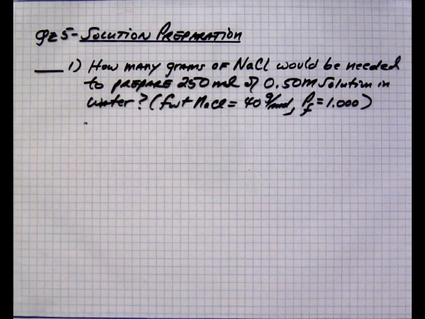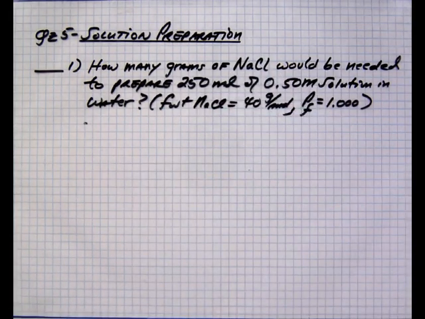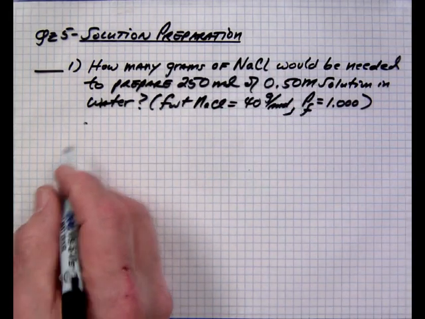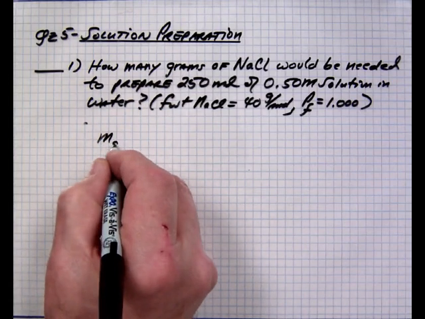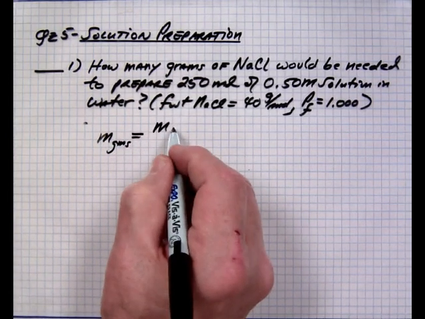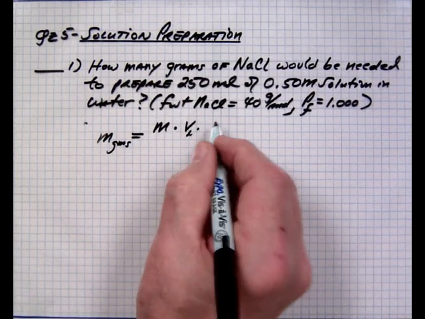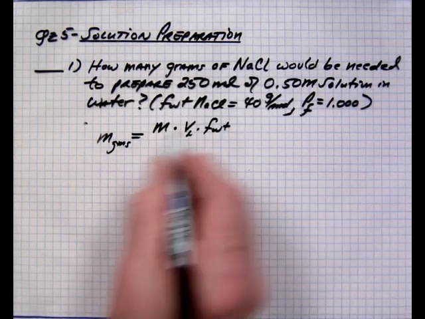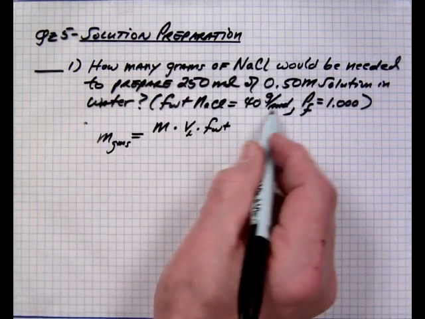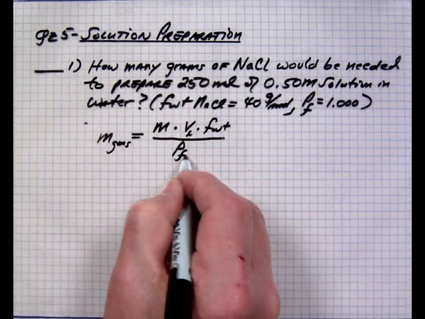using the formula for calculating mass, if you were working with a solid reagent, its mass in grams is equal to the molarity that you want times the volume in liters times the formula weight of the reagent divided by the purity factor.